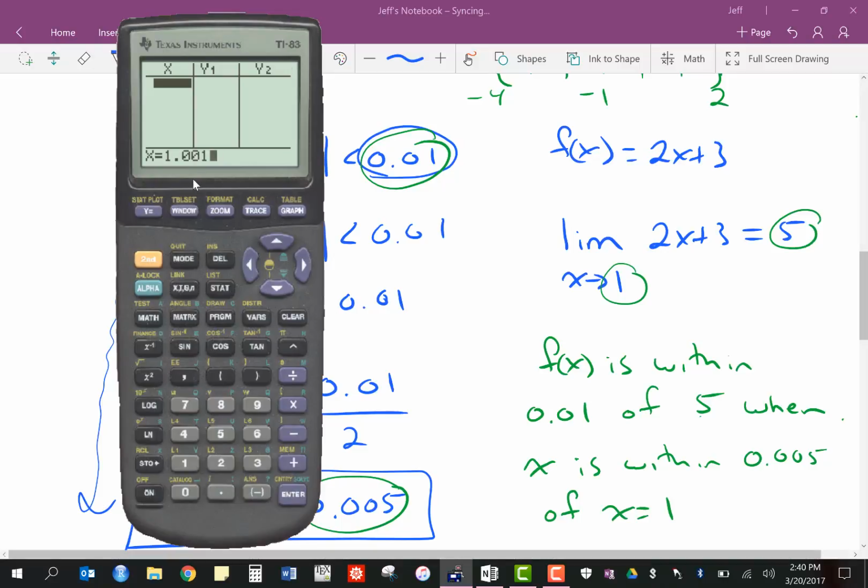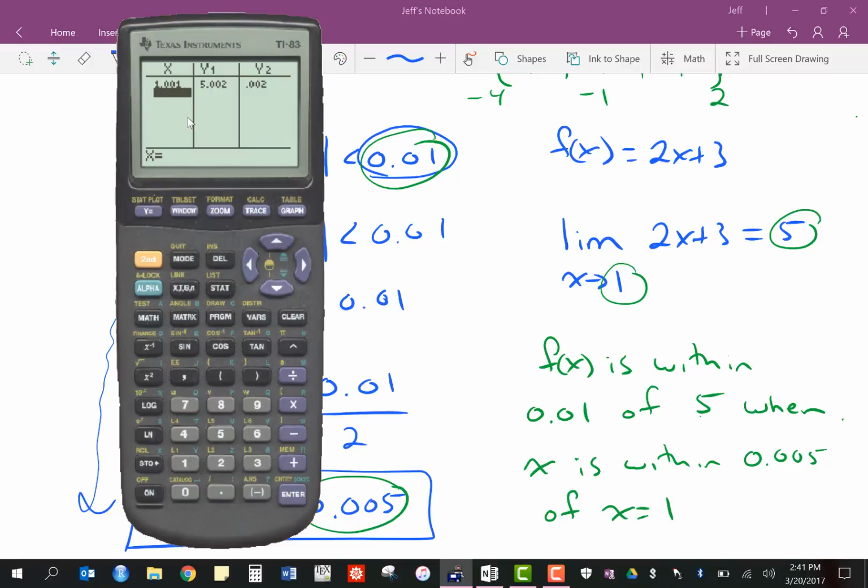My point here is that this 1.001 is closer to 1 than my tolerance of 0.005. I gave a tolerance of 0.005. This is only 0.001. It's within that tolerance. When I select this, I get that the y value is 5.002, and this error is 0.002.